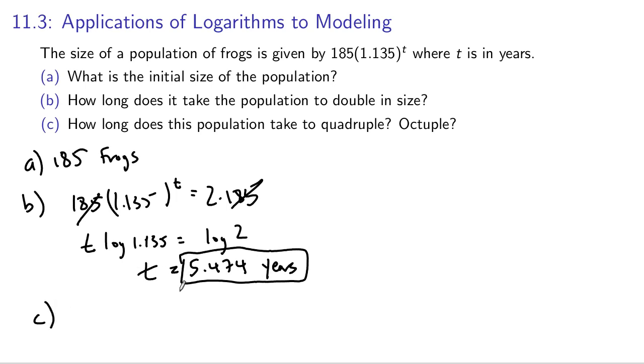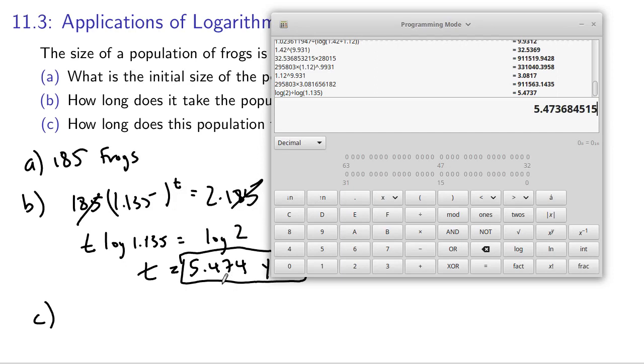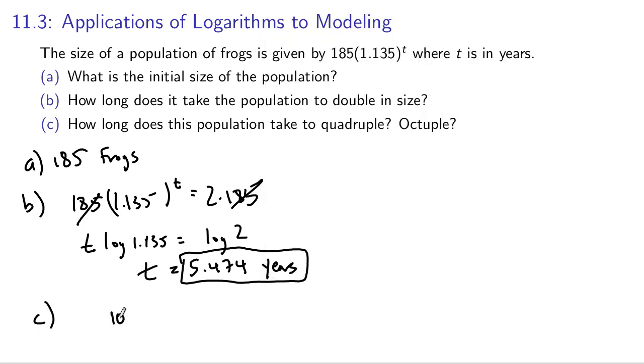C. How long does this population take to quadruple? Well, if it takes 5.474 years to double, it will take double that to quadruple. So we can just multiply that by 2. 5.474 times 2 is 10.948 years.